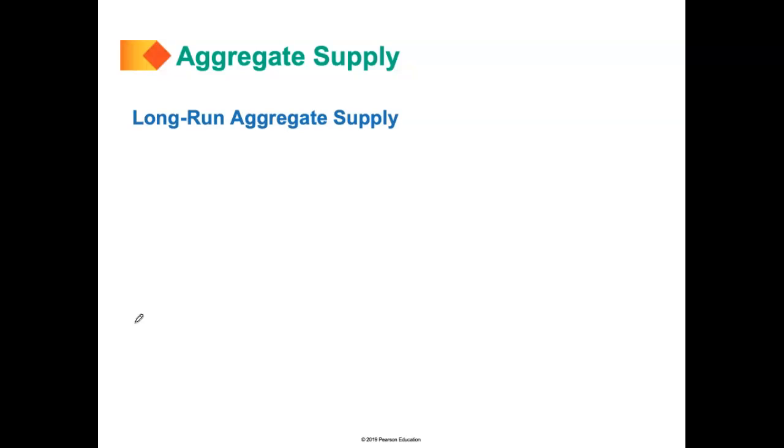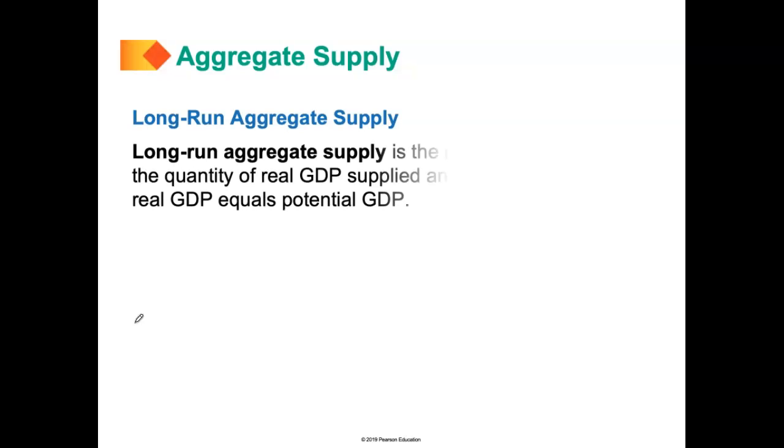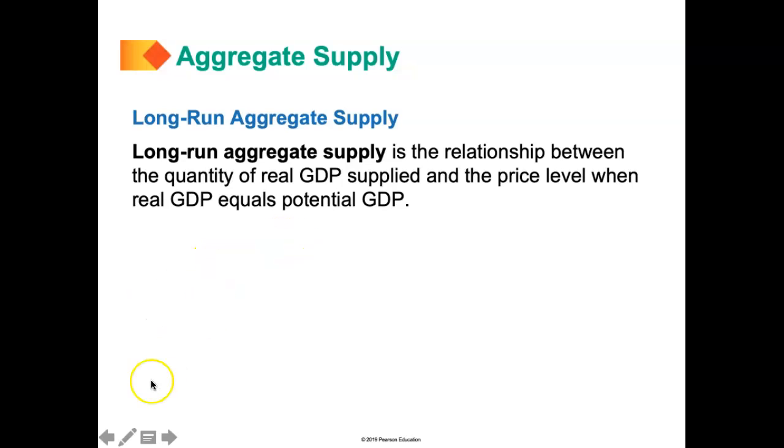The long run aggregate supply looks at the relationship between the quantity of real GDP supplied and the price level when real GDP equals potential GDP. We did talk about potential GDP in this class.